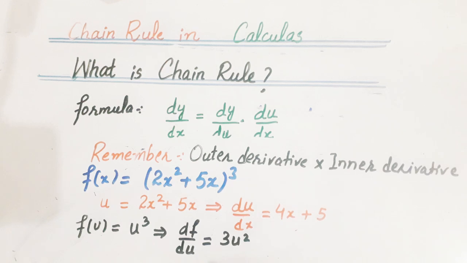Now the final answer will be multiplying both of them. Outer derivative multiplied by inner derivative. This is inner and this is outer. So multiply both of them, and you will get the final answer.